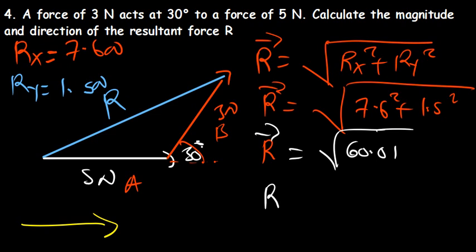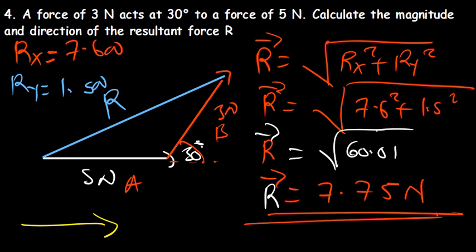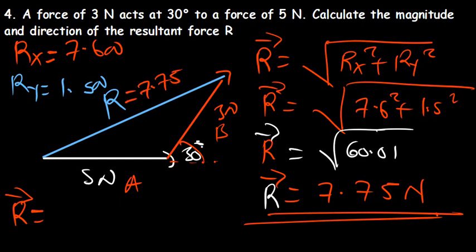The square root of that is 7.7466, which is just the same as 7.75 newtons. That is my magnitude, so I'll put it here. The resultant is 7.75 newtons. The question is to calculate the magnitude and the direction of the resultant R.